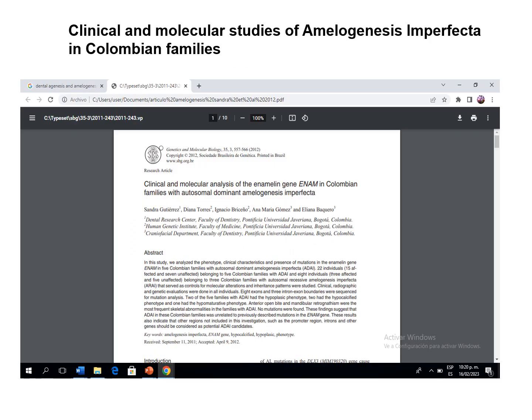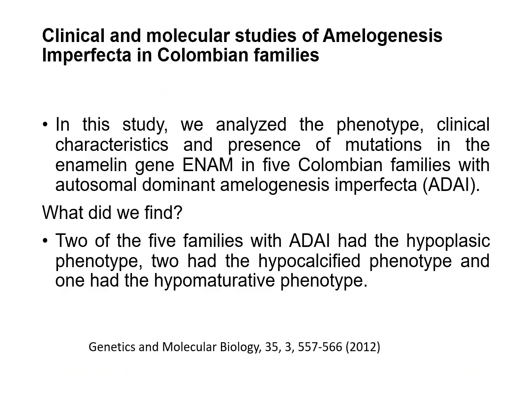Having this in mind, we decided to carry out a study of 5 families with autosomal dominant amelogenesis imperfecta. In addition, in this study, we analyzed the phenotype, clinical characteristics, and presence of mutations in the enamelin gene.